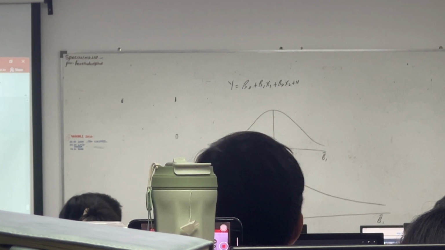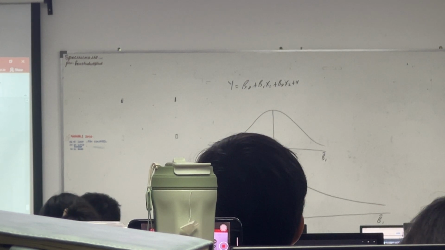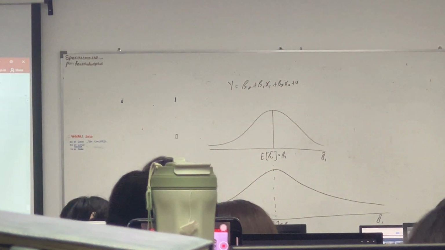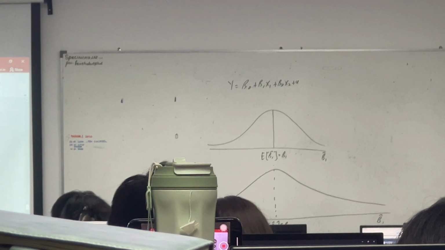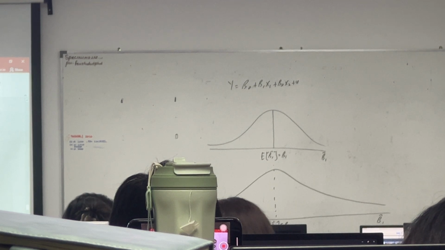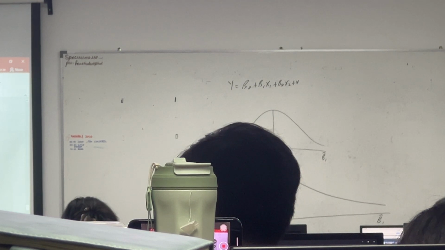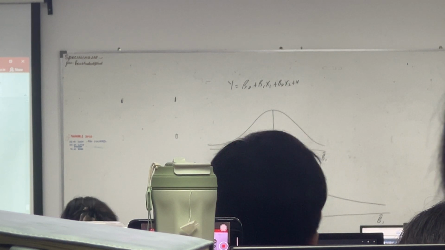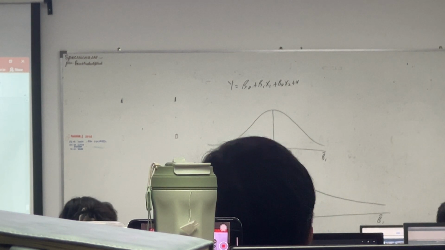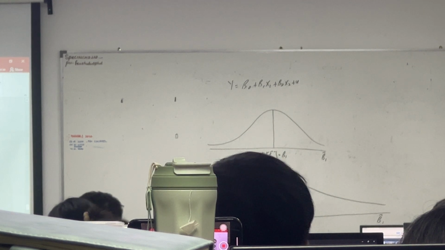When t becomes smaller, moving here to the center, we are more likely to conclude that there is no significant effect. So we are more likely to not reject the null hypothesis and conclude that the true value equals 0, while in fact it's not equal to 0.